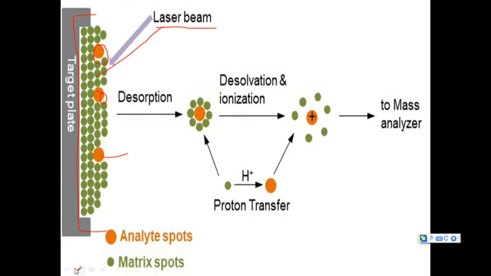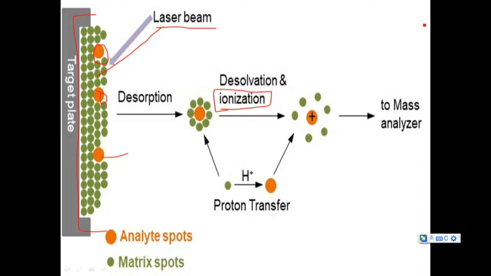So what happens during the ionization procedure? During ionization, the desorbed protein molecules acquire charges, because every molecule wants to be stable in its original state. But during ionization, the protein becomes quite unstable.